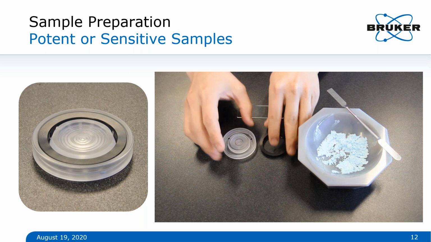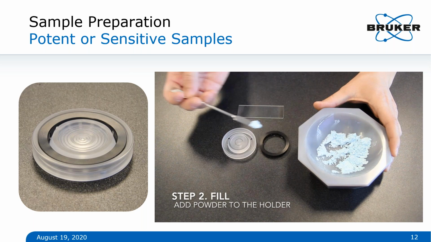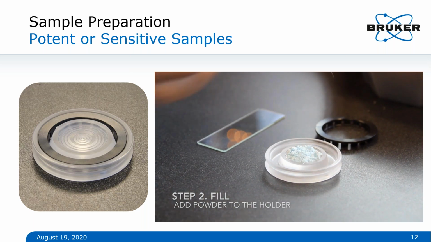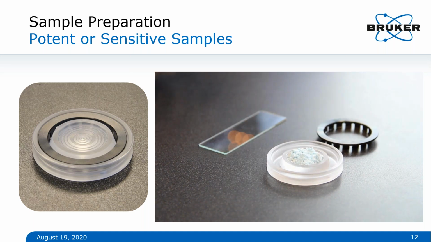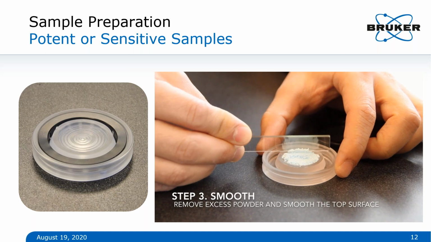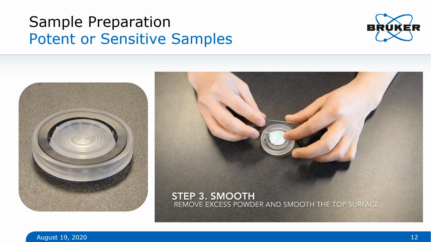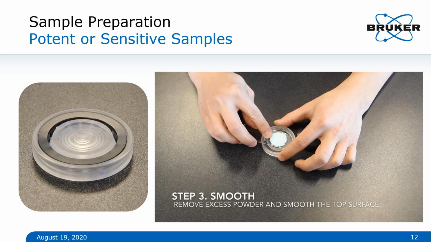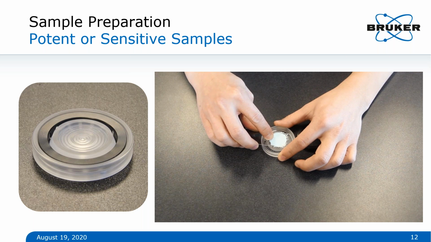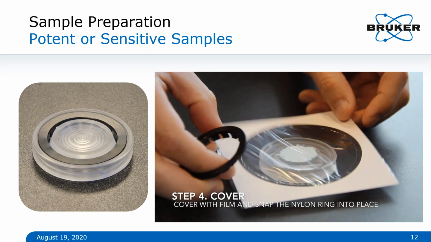You will then protect the sample from exposure, or protect yourself from the sample if it happens to be a potent sample, by using a thin piece of X-ray transparent foil, almost like cling wrap that you would use in the kitchen. As the sample gets smoothed in, same little trick here with the microscope slide, or if you have a spatula, you can do that. So just flatten the sample in there. We do also have the ability to put that silicon wafer in there. So if you don't have quite enough material, you can do a combination of that.